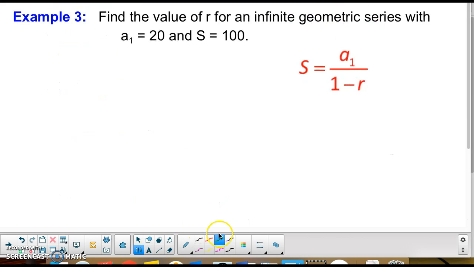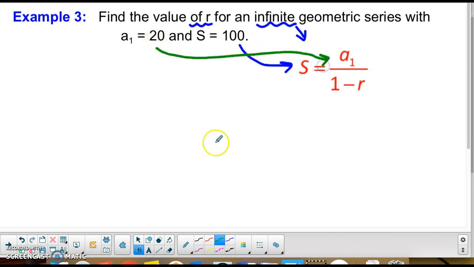This one is a working backwards problem. So we are given the sum, we are given the first term, and it tells us to find R. And we know it's infinite, so that means we're using the formula S equals A1 over 1 minus R. So we're going to plug the 100 in for the sum, and we're going to plug the 20 in for A1.